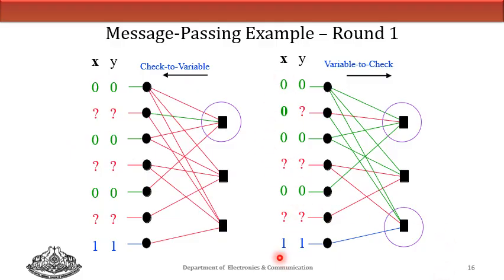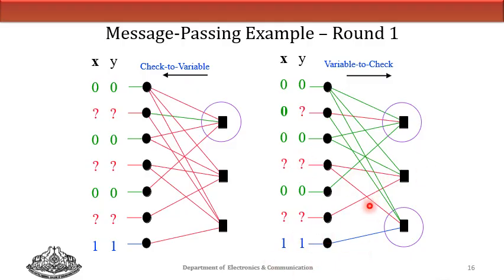That is why at the end of round one, the check to variable node messages will be like this, here x. Now the variable node will pass these messages to the check node: 0, 0, 0, 0. Okay, so the erasures are like that.